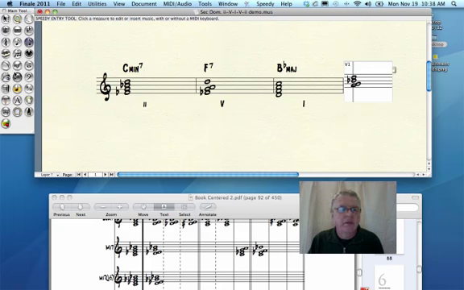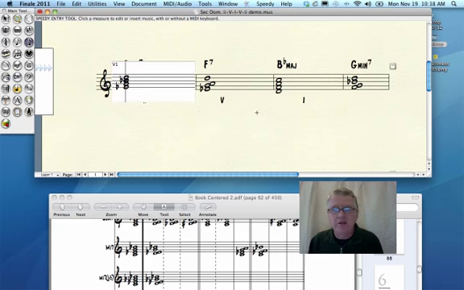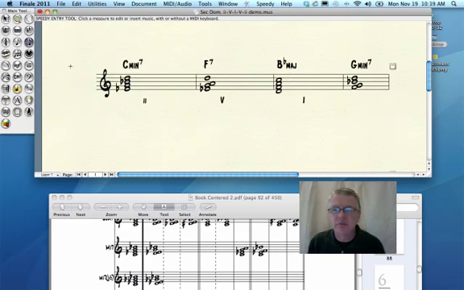I'll go ahead and label it. And so now we have a chord progression that sounds like this.